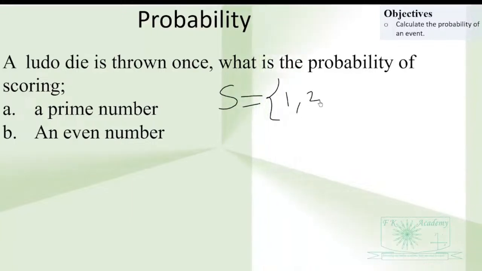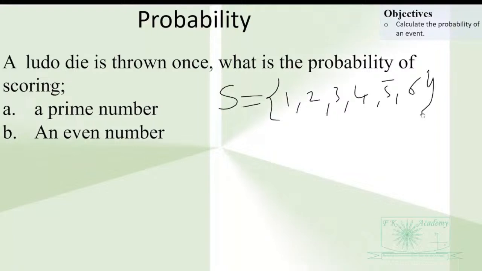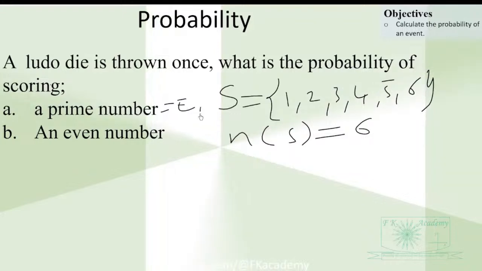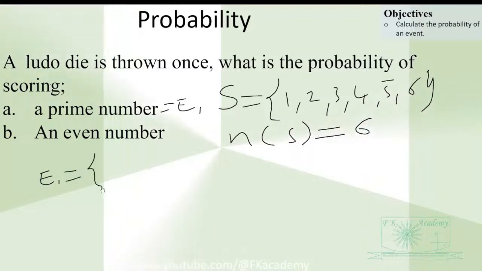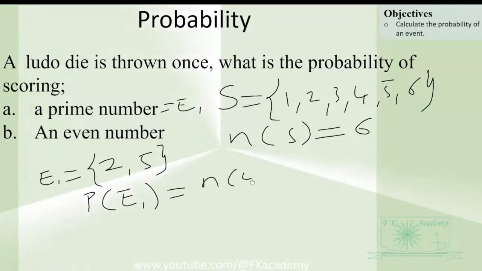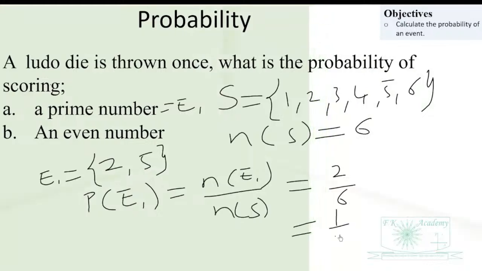The Ludo die has 1, 2, 3, 4, 5, 6 possible outcomes, so the number of elements in the sample space is 6. Then event 1, E1, is a prime number. The probability of obtaining a prime number is the number of elements in E1 over the number of elements in the sample space.